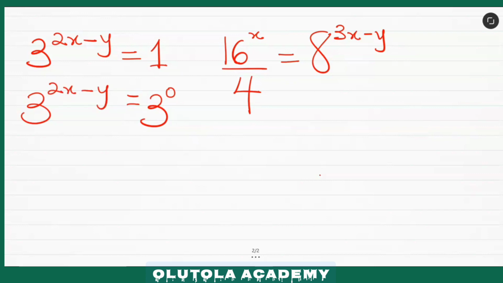Now since they both have the same base, that's 3 here and 3 here, that means the powers are equal. Therefore, I can equate the powers. I will have 2x minus y equals to 0.